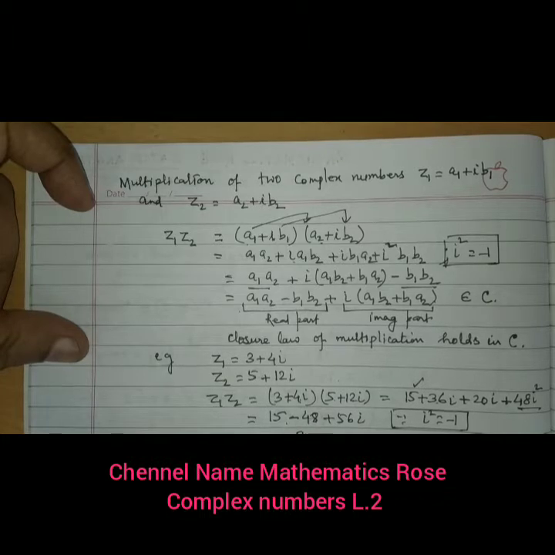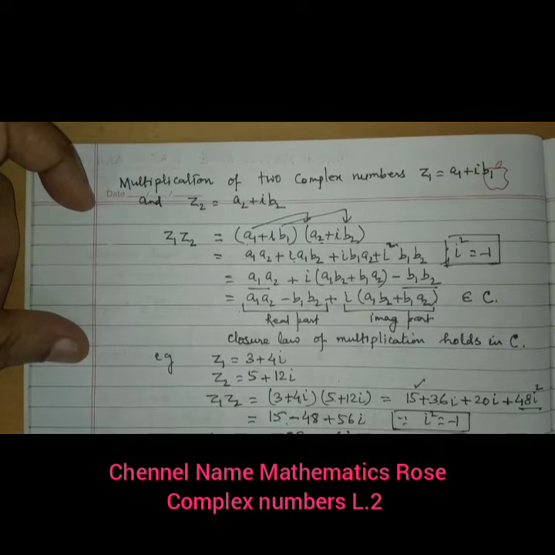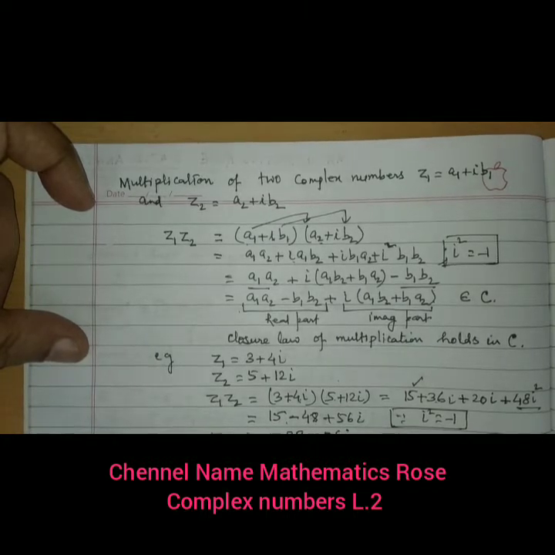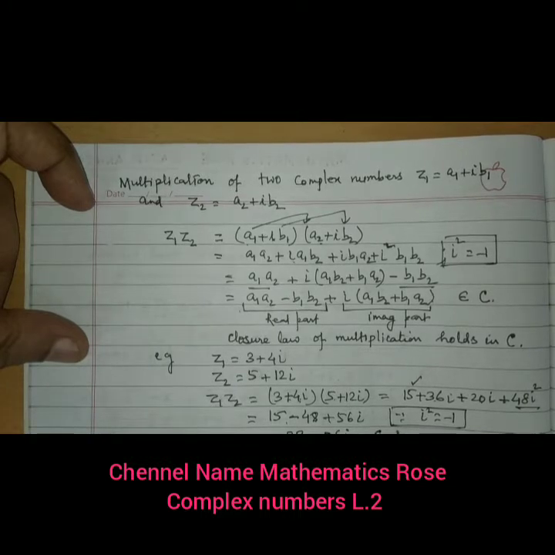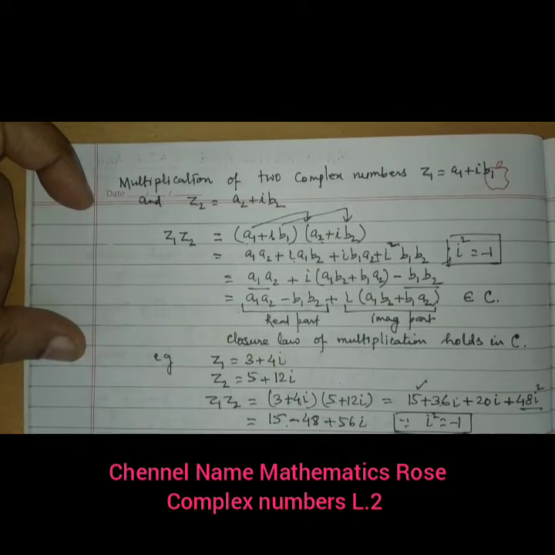So here it is 15 minus 48, that is minus 33 plus 56i. So see, the product of the two complex numbers is also a complex number, so it satisfies the closure property for the multiplication.